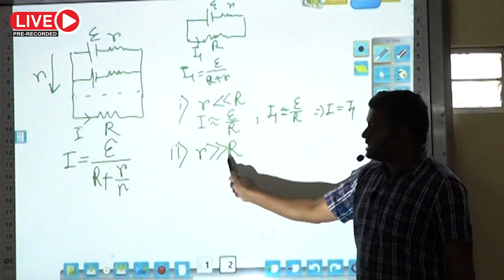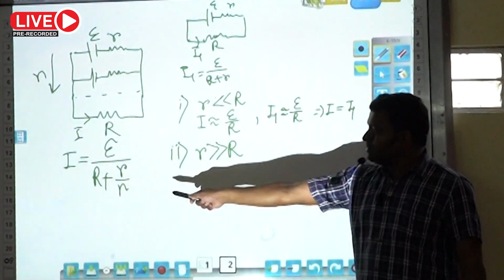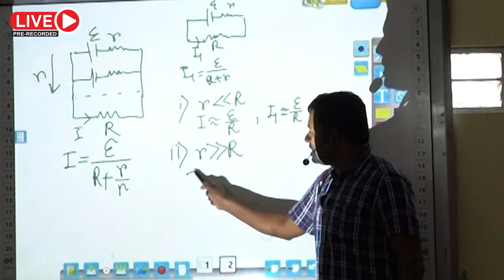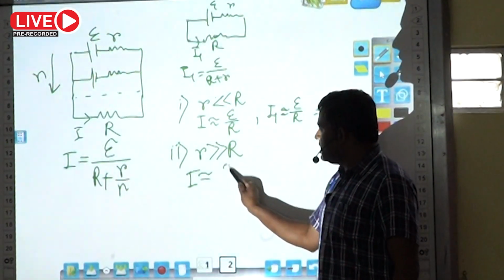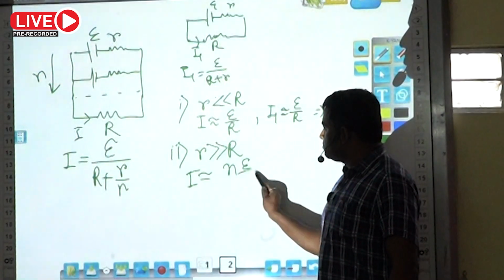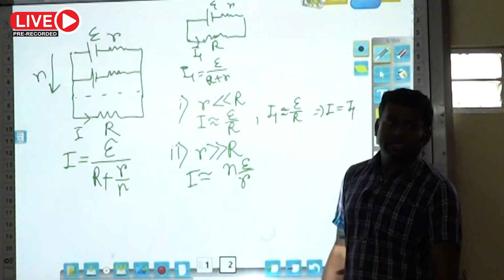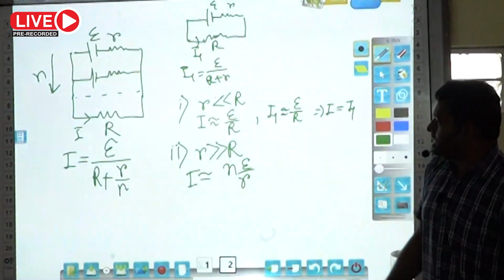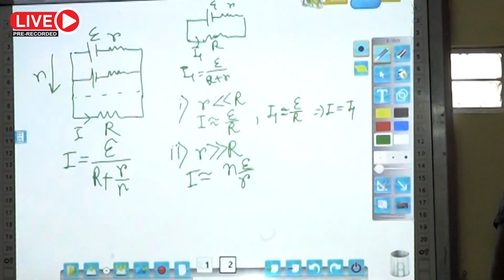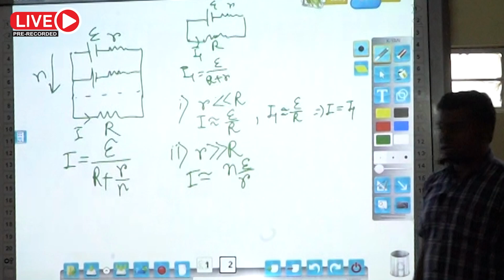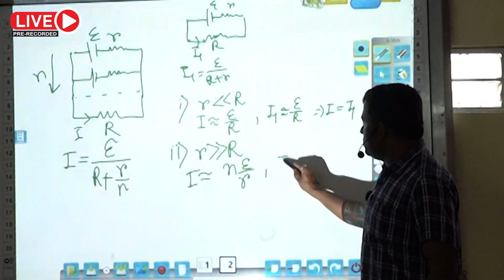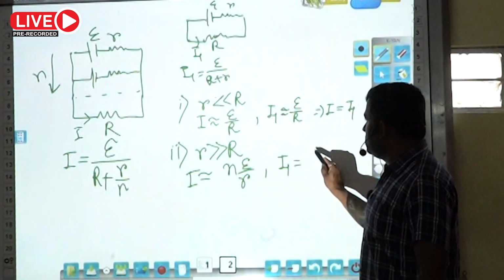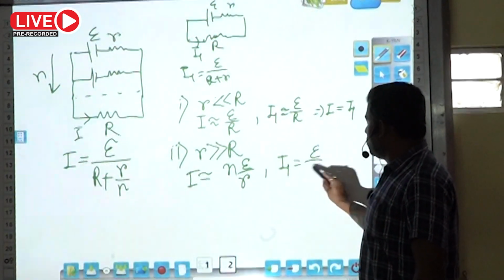So now we can put capital R equal to 0, so I will become nE by nr. By putting capital R equal to 0, you can write I equal to n into E by small r, and here by putting capital R equal to 0, you can write I1 equal to E by small r.